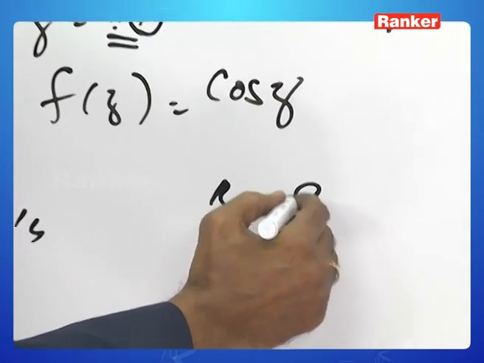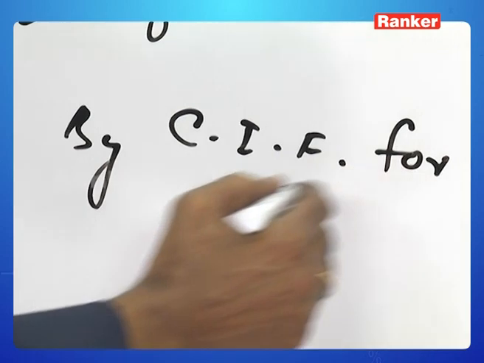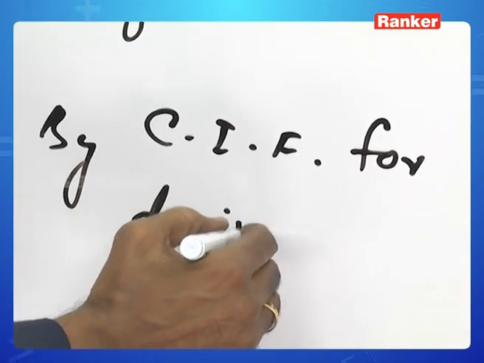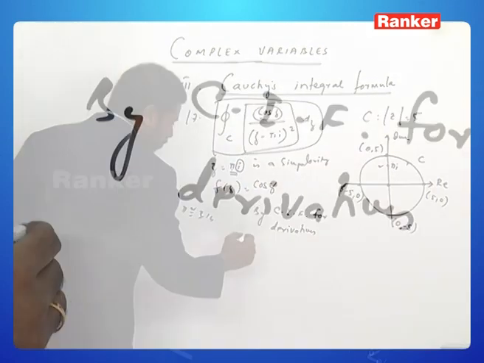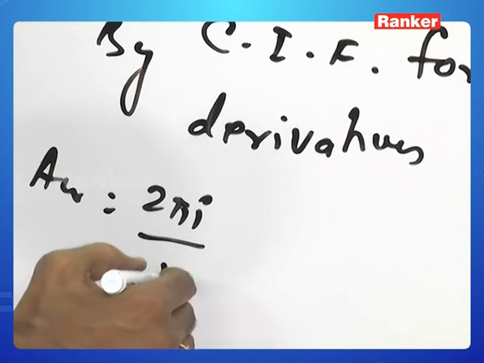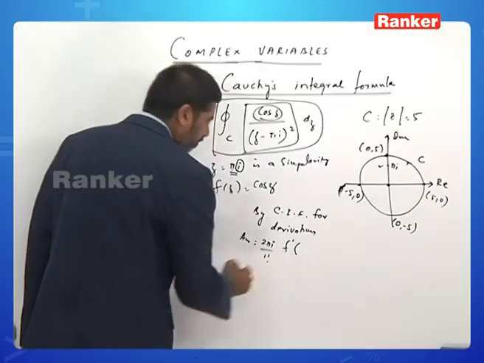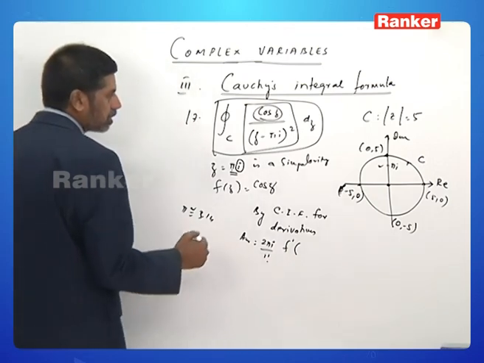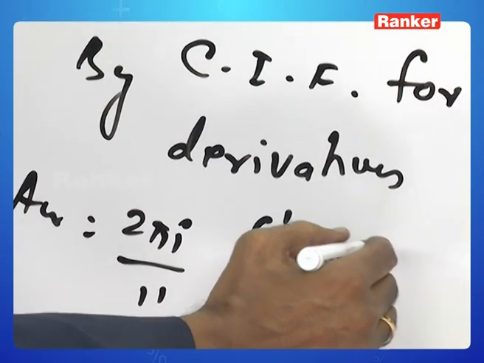By Cauchy's integral formula for derivatives, the output will be 2 pi I by 1 factorial first derivative at the singularity at pi I.